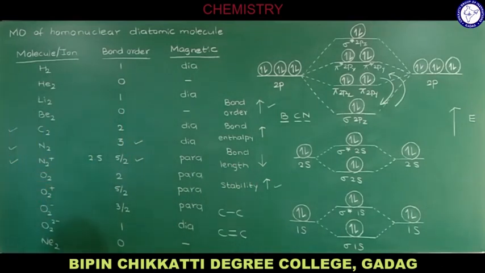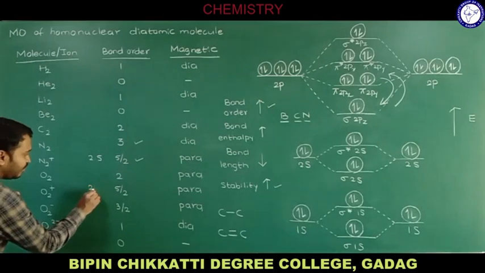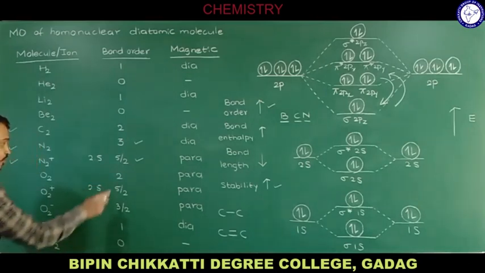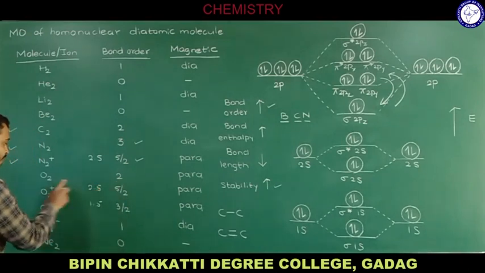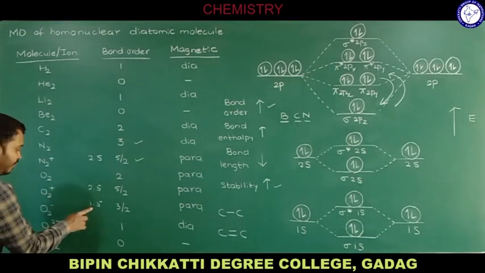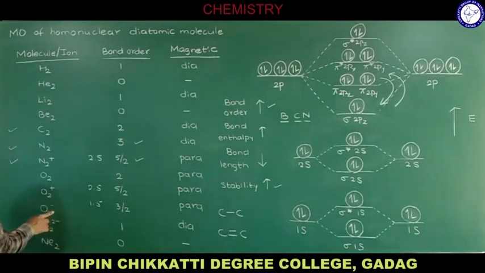Compare oxygen. Here it is 5 by 2, which is nothing but 2.5. 3 by 2 is nothing but 1.5. O2 is 2. So when you compare O2 and O2 plus, it is 2.5, therefore O2 plus is more stable when compared to O2. Since O2 minus is 1.5, O2 minus is less stable when compared to O2.